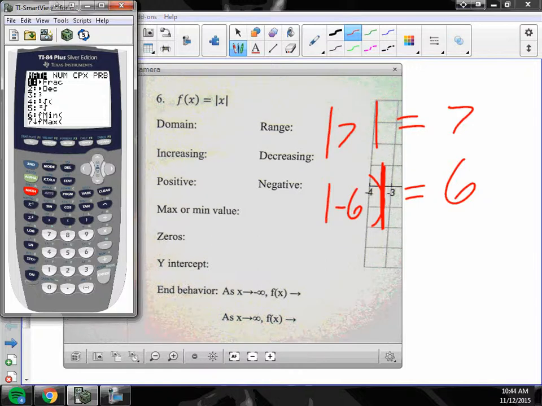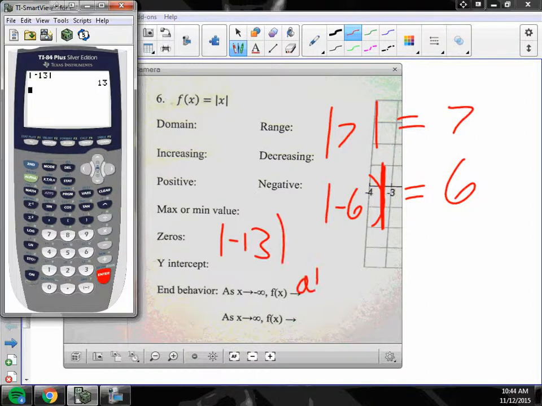If you push math and you go over here to number, so I could do the ABS of, let's say, negative 13. And it tells me the answer is 13. Now, if you have the old version of the calculator, it won't look like this. It will actually say ABS parenthesis negative 13. But it will work the same way. It just doesn't look the same.